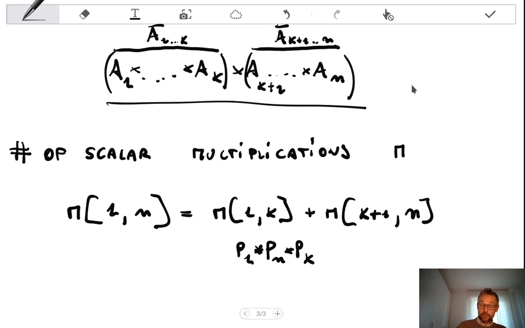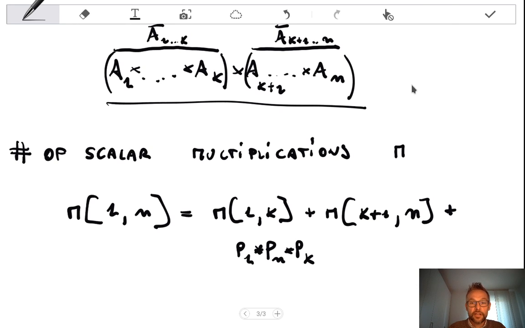This is the total number of scalar multiplications required to perform the chain matrix multiplication having this parenthesization.